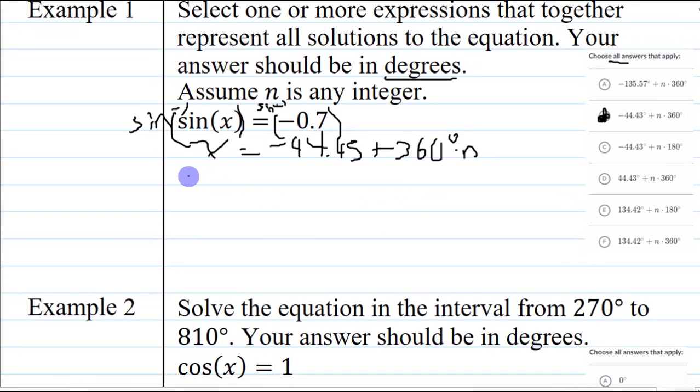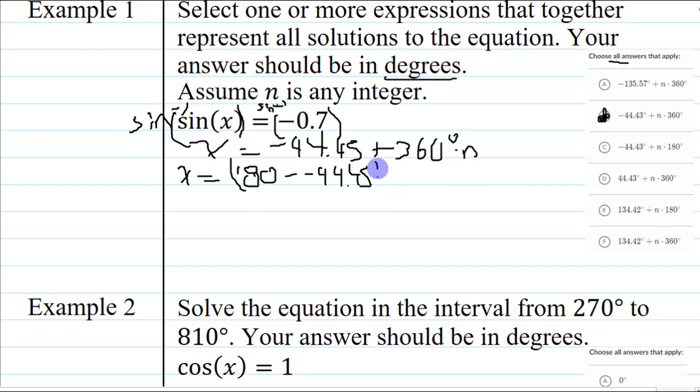So I'm going to do x is also equal to 180 minus theta. And again, theta is this negative 44.43. So minus theta. I'm going to subtract the negative 44.43.